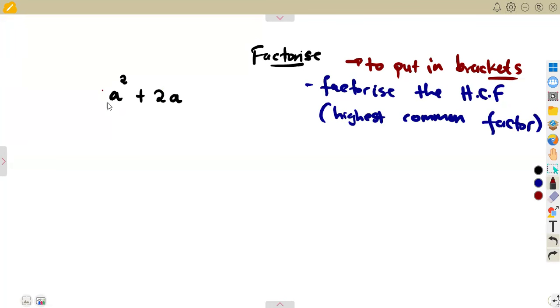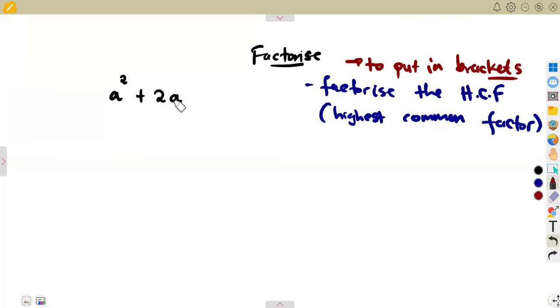Just like here, the 1 was not written, but there is a 1. Even if your answer is 1x, it is the same as x. 1a is the same as a. The 1 can just be left out, invisible like that. So that is the idea there.